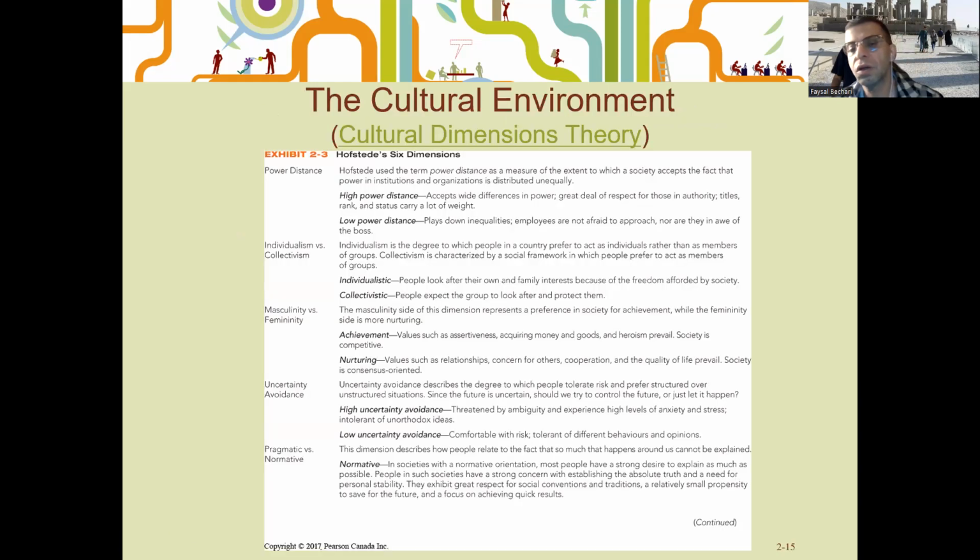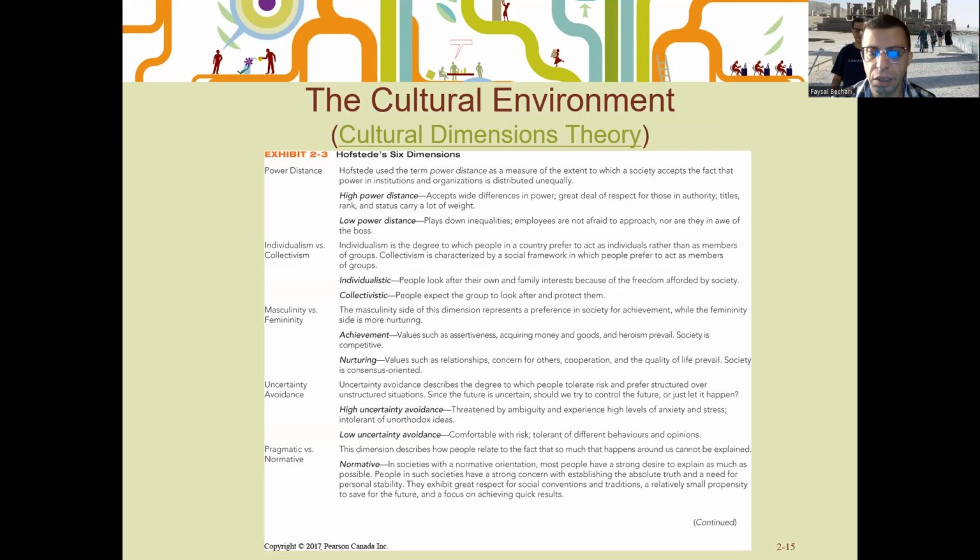Now, cultural environment. There is a subject called cultural dimension theory, or Hofstede's 6 dimensions.